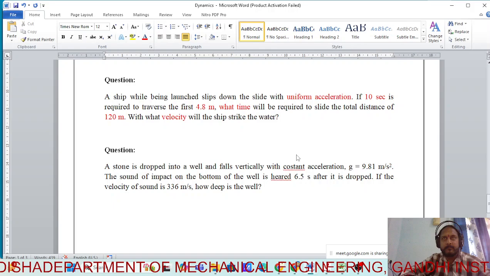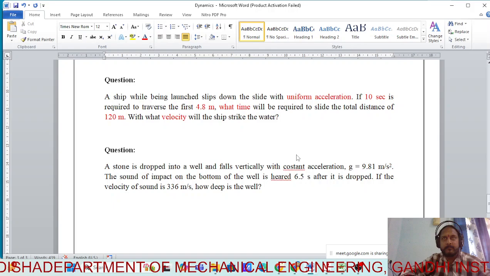First case is the stone is dropped and it is hitting the water. Is this clear? Assume the time taken by the stone to go and touch the water, after touching only the sound will be heard or not? When it is touching the water, you assume that it is T1 seconds.